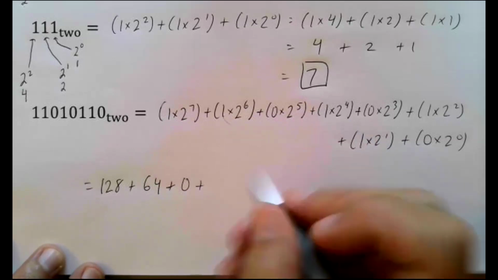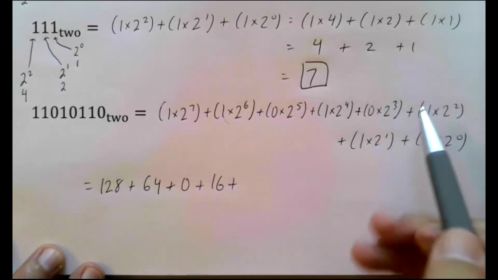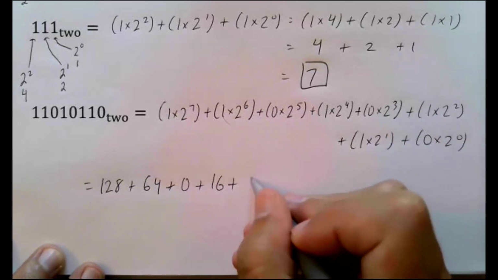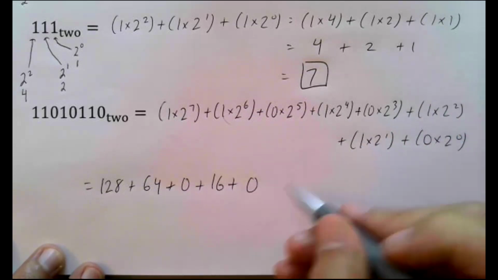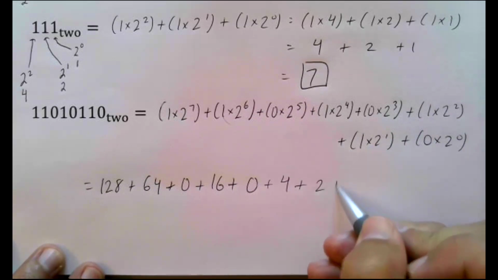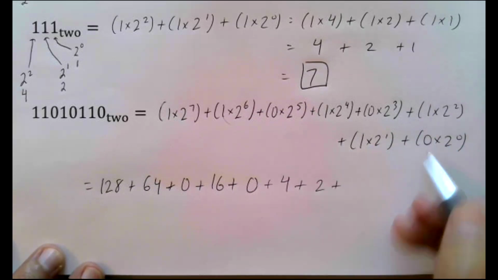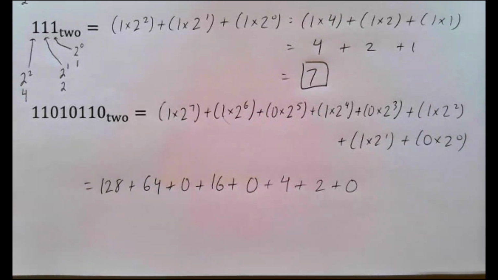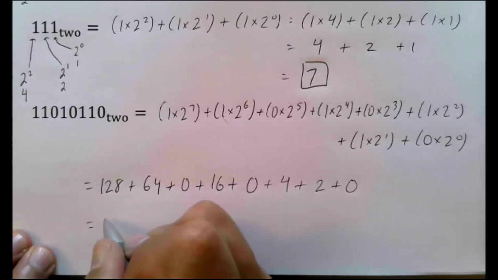This is 16 times 1. 8 times 0. 4 times 1. 2 times 1. 1 times 0. Then we just go ahead and add all those numbers up. We should get 214.